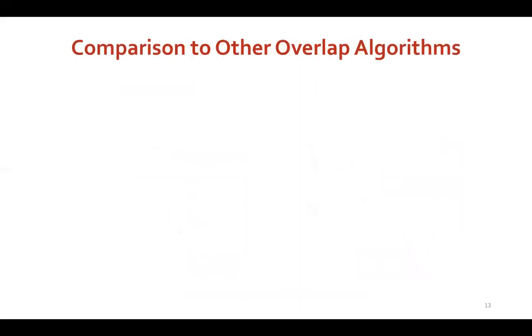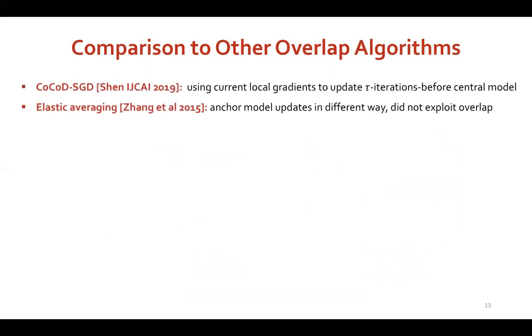Next, let's compare this with some other overlap SGD algorithms. There are actually very few methods that propose this way of overlapping communication and computation. One of them is COCO-DSGD, which is a very recent work. It uses a similar idea, but a slightly different way of updating the anchor model. Elastic averaging SGD, which was proposed in 2015, is also a slightly different method.